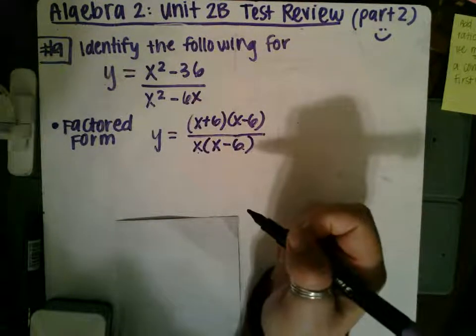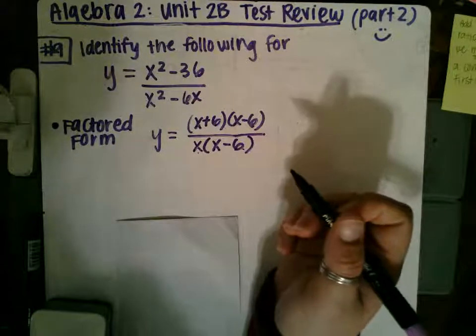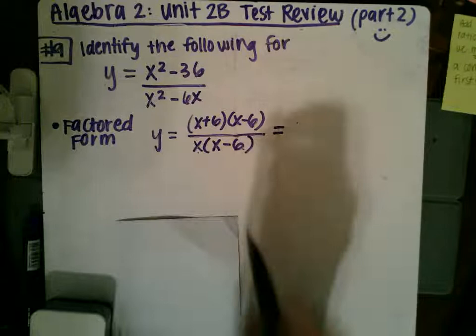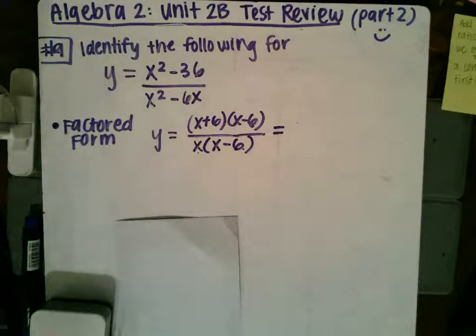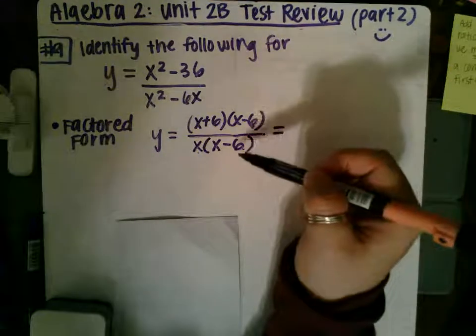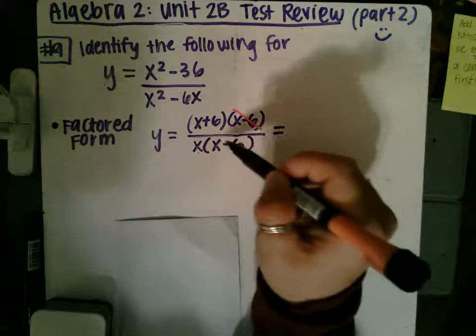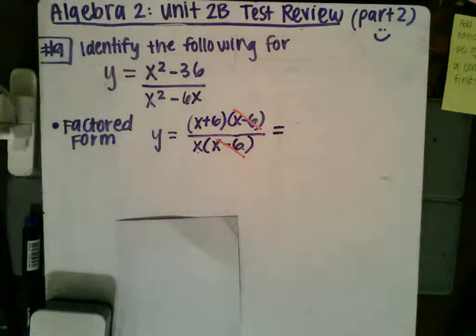Perfectly factored. And what we normally do is we simplify, right? So my factored form simplifies to x plus 6 over x. Why is that? Well, we can see we have 2 common factors on the numerator and the denominator, and if they're exactly the same, we're able to cancel them out and rewrite that as 1.